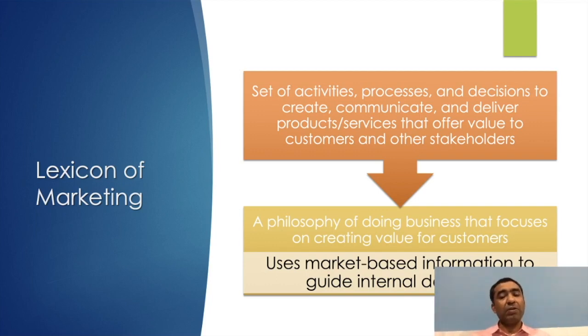Okay, now this value creation for the customer is dependent on two important concepts. The first is marketing information. So you will use market information, the information that is available in the market, for example, through the customers or through the suppliers or through the other stakeholders. You can receive some information, and this information can be used for your internal decision making.